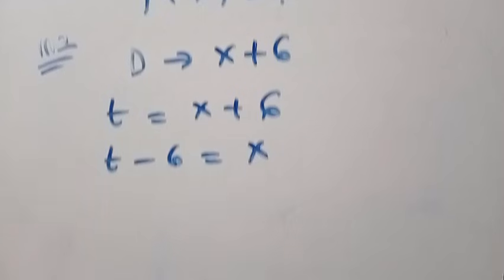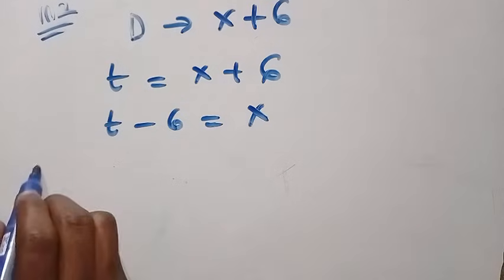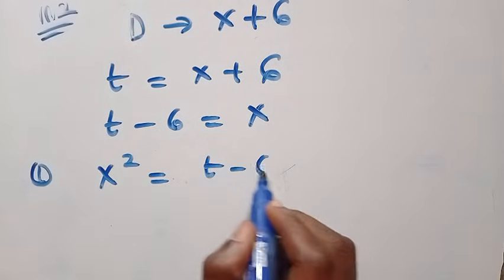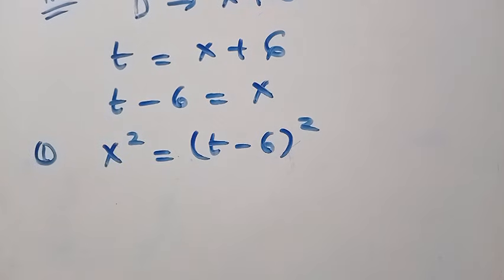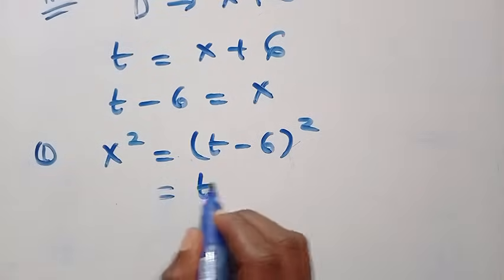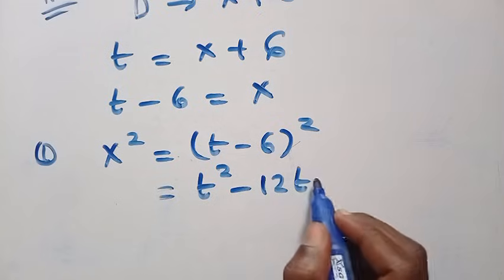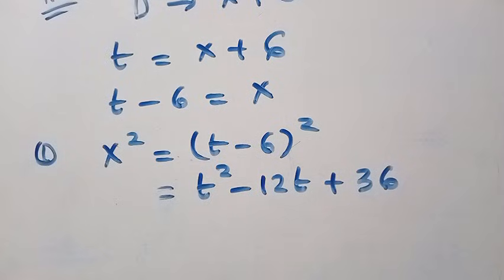From the right hand side, we need to get x squared and 6x. For x squared, we have t minus 6 all raised to the power of 2. When we expand this out, we have t squared minus 12t plus 36.